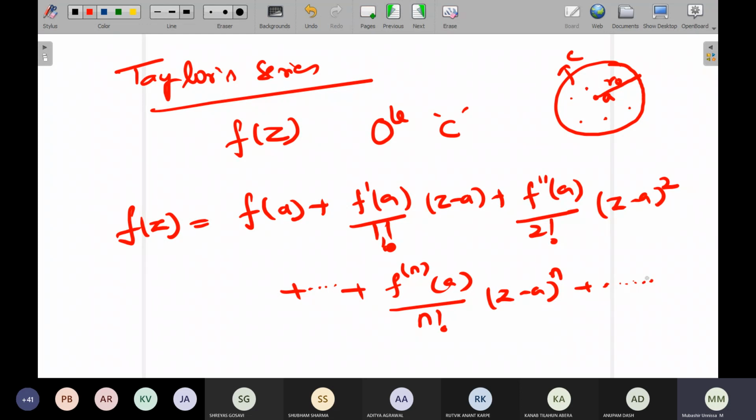In that case, any point you take inside that circle can be represented in the form of a Taylor series expansion.